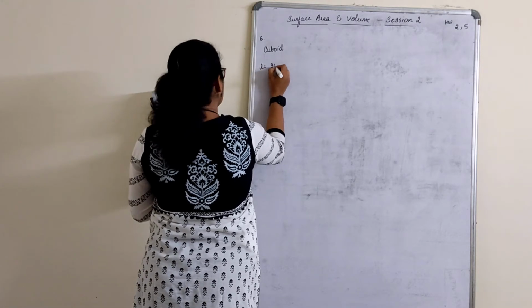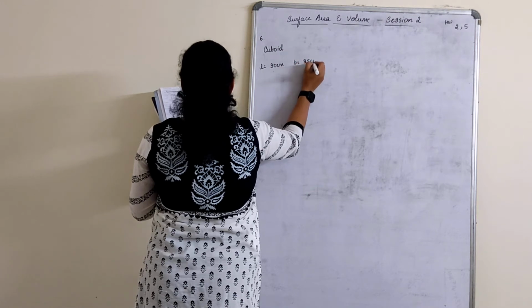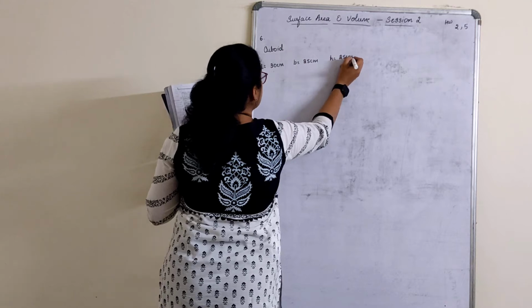Length is equal to 30 centimeter. Breadth is equal to 25 centimeter. And height is also equal to 25 centimeter.